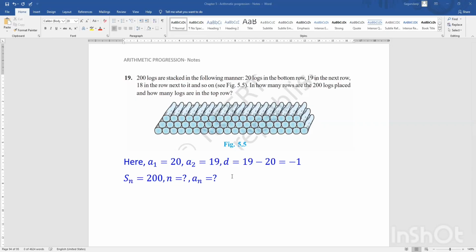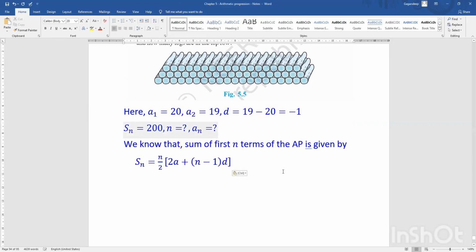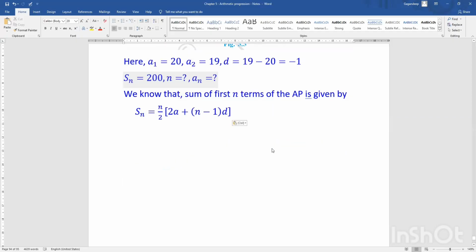So we know that the sum of first n terms of the AP is given by Sn is equal to n by 2 into 2a plus n minus 1 into d. Now here I'm going to take the same formula and replace the values.